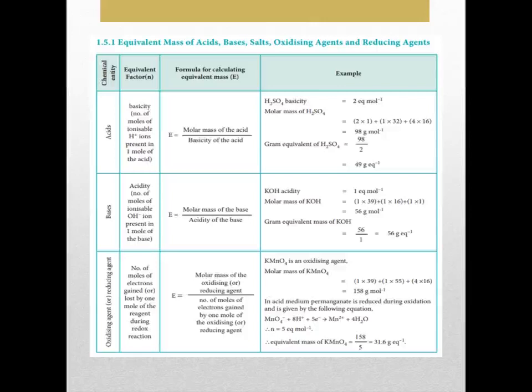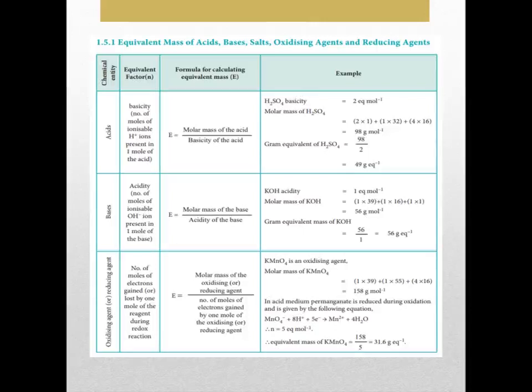Next, we take an oxidizing agent or reducing agent. We will see more about oxidizing agents later in this lesson. Now, what is N? It is the number of moles of electrons gained or lost by one mole of the reagent during a redox reaction. So E equals the molar mass of the oxidizing or reducing agent divided by the number of moles of electrons gained by 1 mole of the oxidizing or reducing agent. This is the formula.